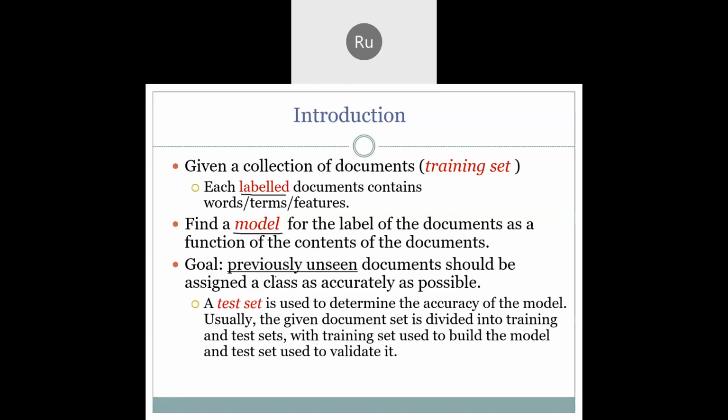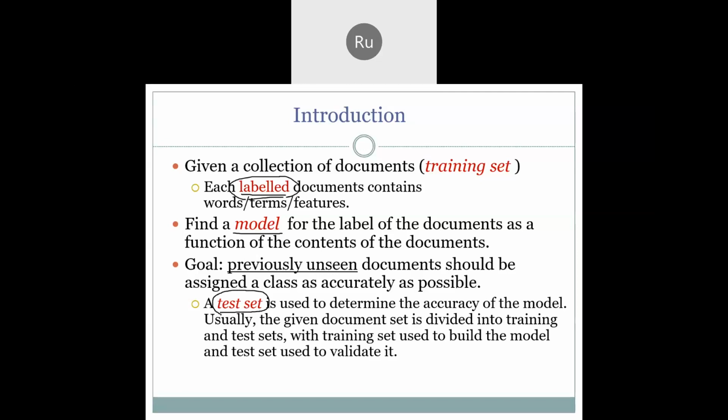Okay, so before we can use the model, first, of course, we need to train them. We need to provide them with the sample of document with the label. Okay, so once we train them, then we need to test what is the accuracy. So this is part of the data set that we have.